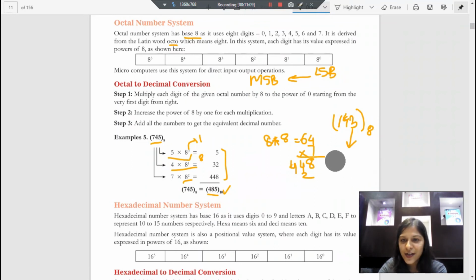You have to do it like this: 3 into 8 to the power 0, 4 into 8 to the power 1, 1 into 8 to the power 2, and we will have our desired number. So it will be 64 plus 32 plus 3. So 3, 32 and 64. Now add that and you will have the desired number.